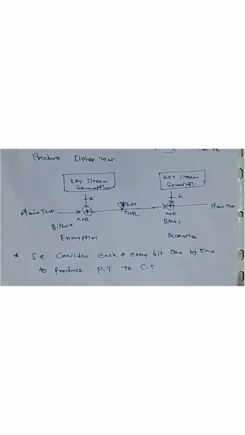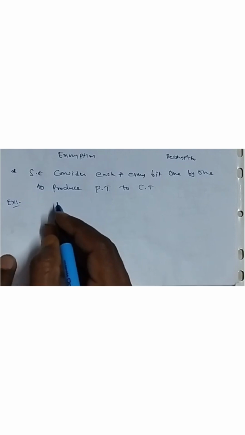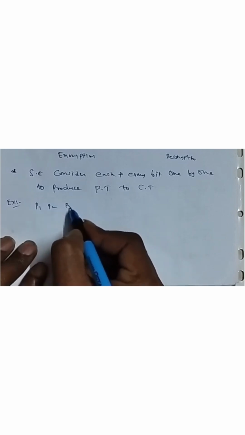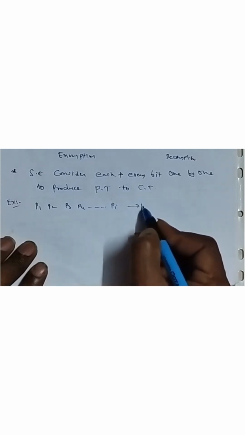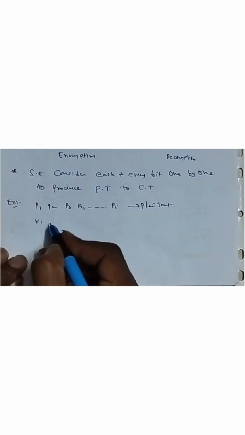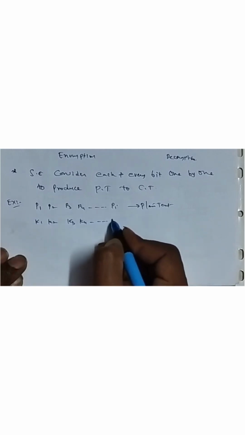We will see one example. Suppose the plain text is P1, P2, P3 and so on up to Pi. And the key is K1, K2, K3, K4 up to Ki.